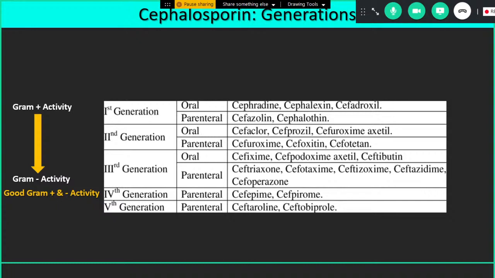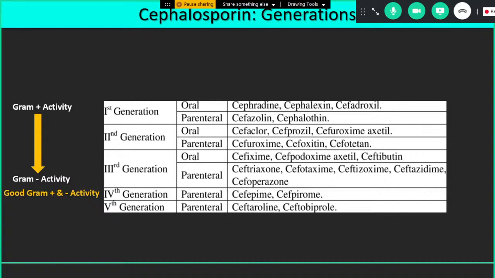Then in the fifth generation, after having this in the 90s and the early 2000s, it was found that a lot of bacteria are becoming MRSA, that is, methicillin resistant.